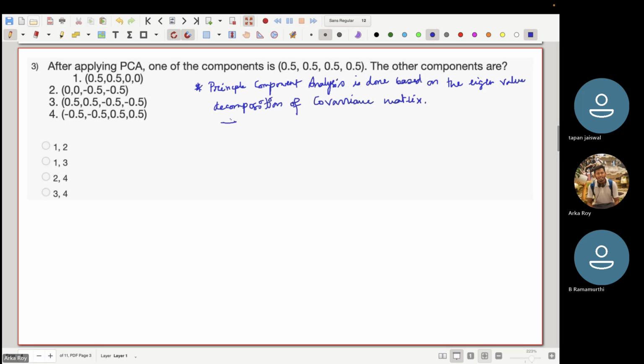And what we do, we calculate the eigenvalue from the covariance matrix. Now, the covariance matrix is a symmetric matrix.